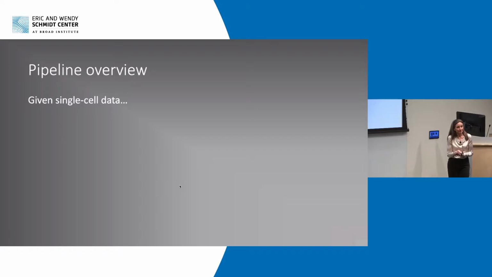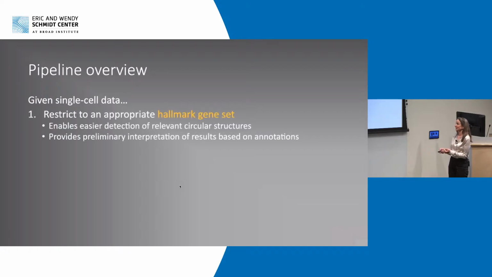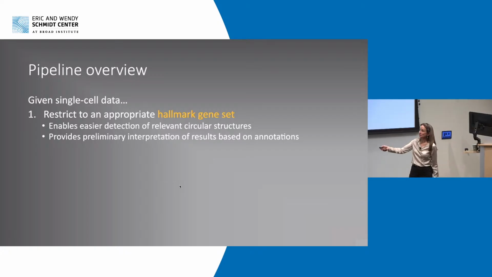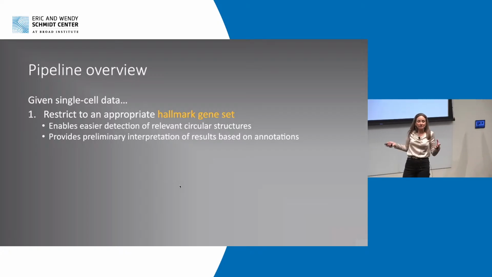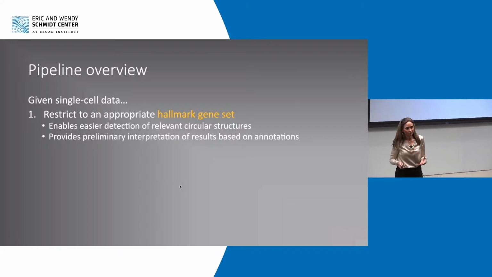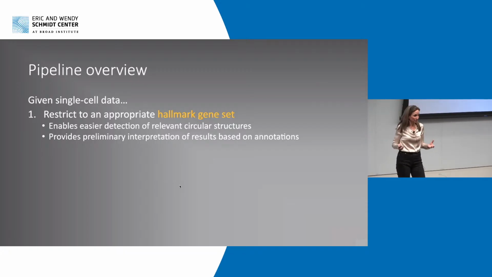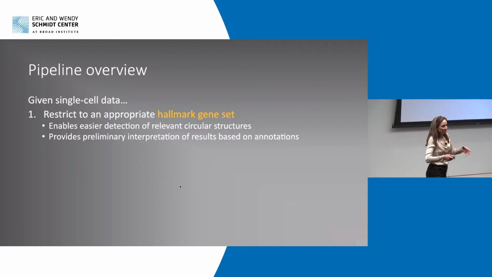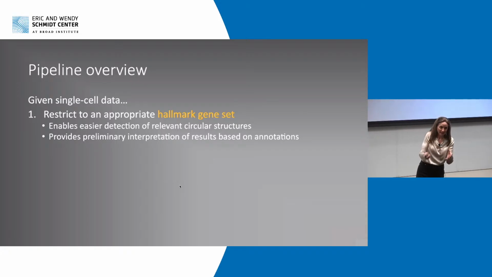So suppose we have some single-cell data. What do we do with it? Well, the first thing we're going to do is to find some sort of hallmark gene set. Say, in the context of the particular problem I'm considering, which are likely to be the genes that are important? Because it's very hard to analyze genes in a 20,000 dimensional space. We want to restrict to something where we have a greater chance of being able to analyze the data in a reasonable way.